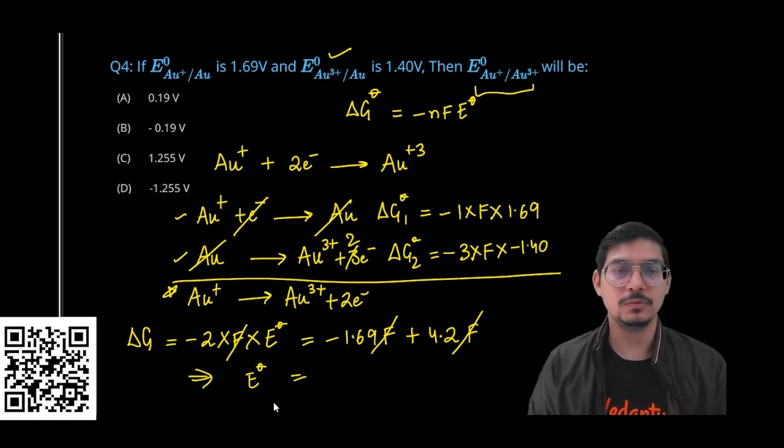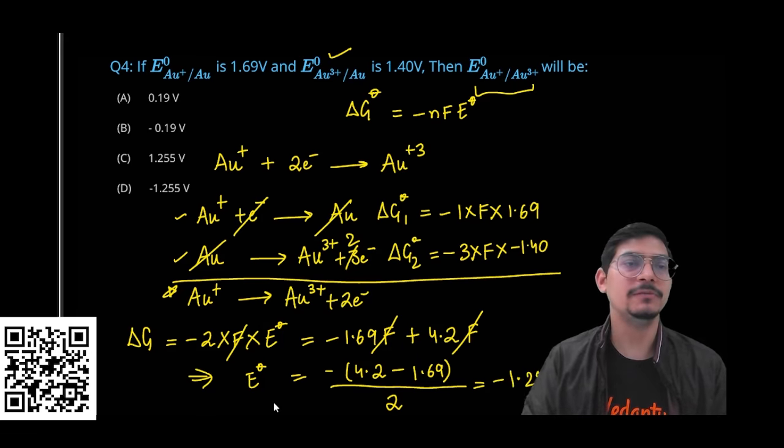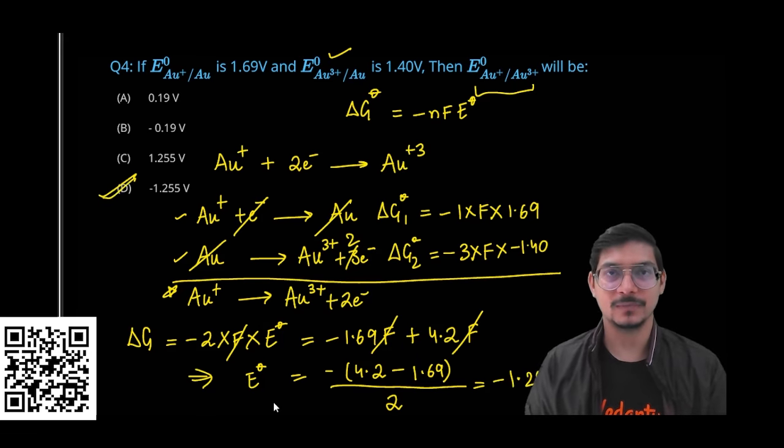This is 4.2 minus 1.69, divided by 2. So E naught would be 4.2 minus 1.69, which is 2.51, divided by 2. So it would be minus 1.255 volt. So option D would be the correct answer to this question. Thank you.